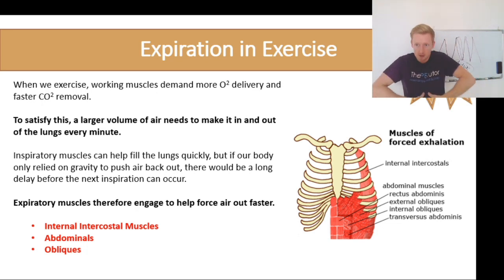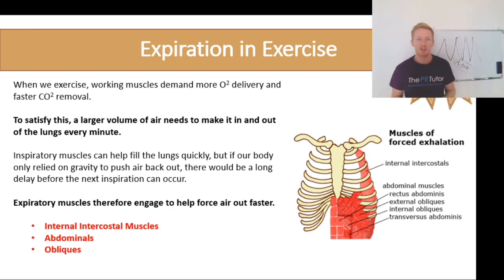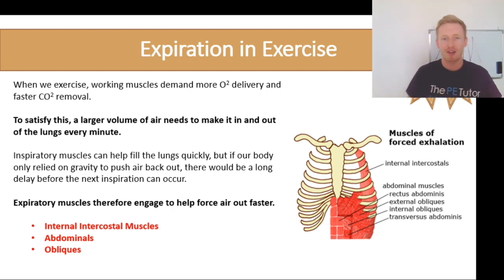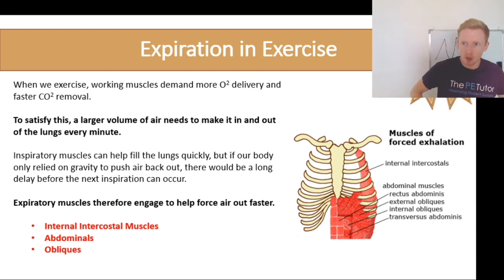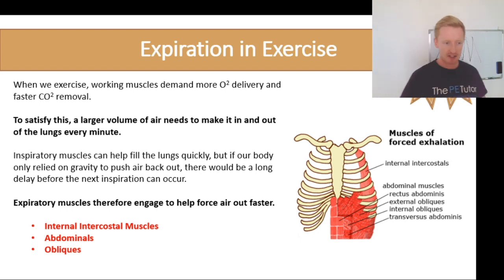My abdominals, that six-pack position, connect to the base of the ribs. If we contract those, think about the body position you create during a sit-up. Your ribs are being pulled towards your hips, towards your thighs. So from a standing position, the abs pull down and they pull that rib cage down, compressing the lungs.